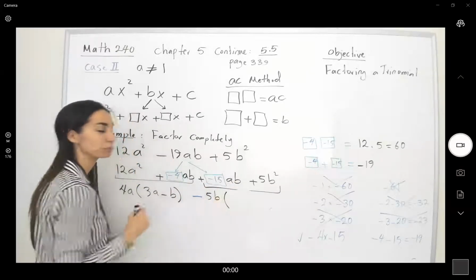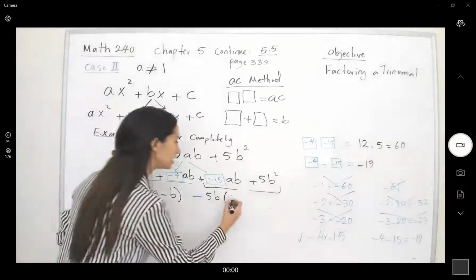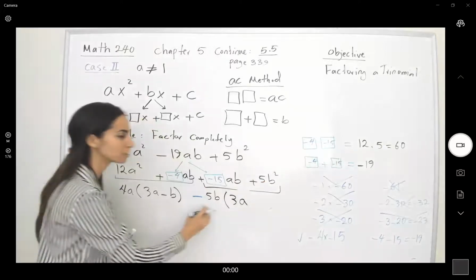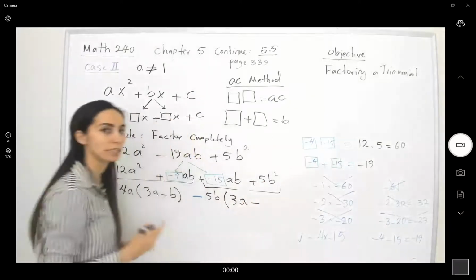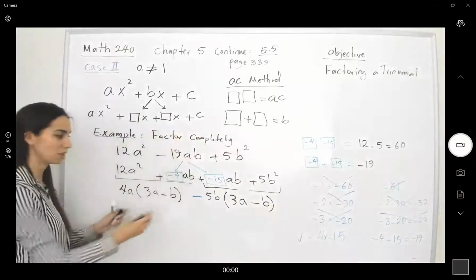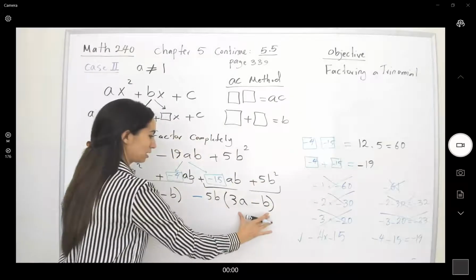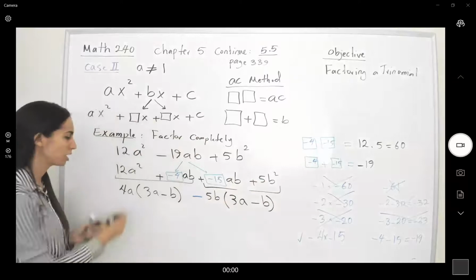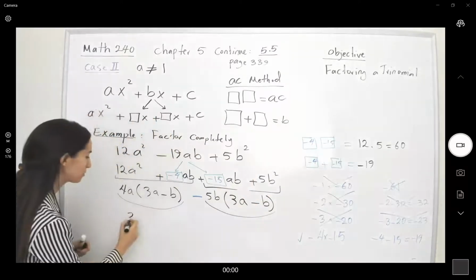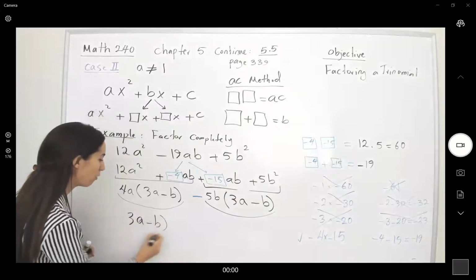And I'm factoring out b as well. So I'm left with 3a. Now 5 divided by minus 5 gives me negative 1. Negative 1 what? Do I have the same common factor? Of course. Between these two, now we can factor out 3a minus b. What's left?